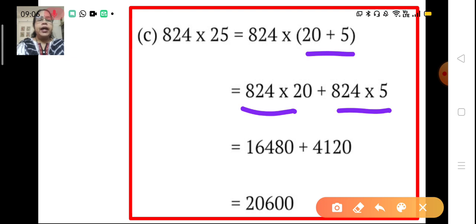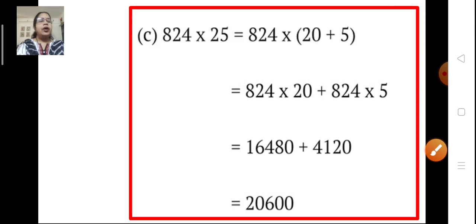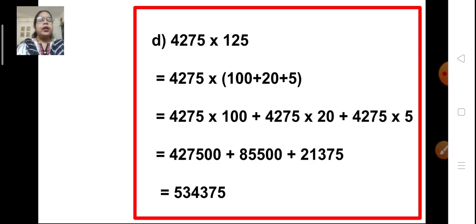When we multiply 824 by 20, we get 16,480, and multiplying 824 by 5, we get 4,120. We add them, and the answer that we get is 20,600.